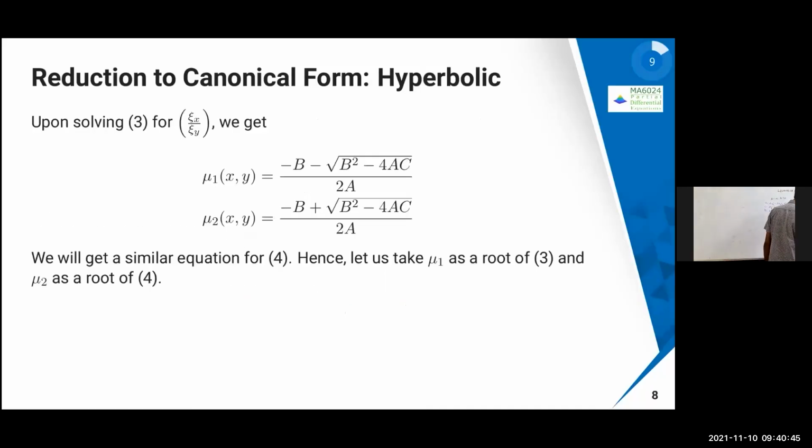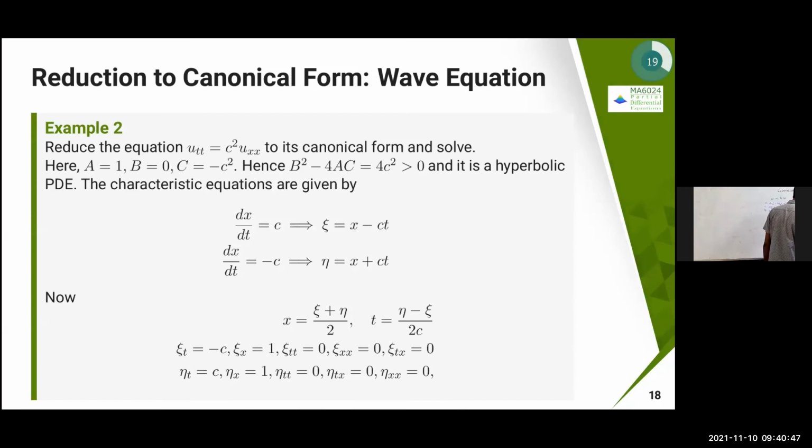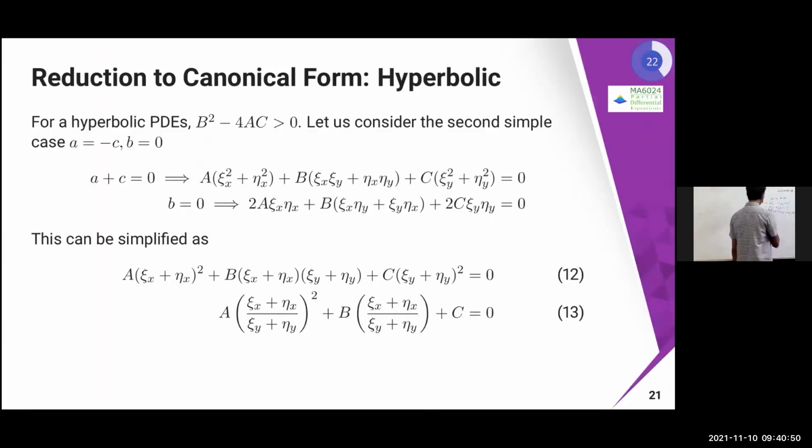So therefore here you are going to use this one. A equal to minus c means a plus c equal to 0. That is going to imply a into chi x square plus eta x square plus b into chi x chi y plus eta x eta y plus c into chi y square plus eta y square equal to 0, and this is equal to 0.